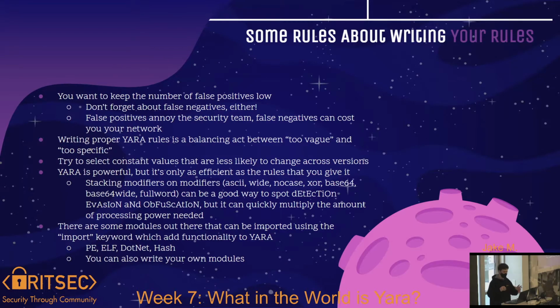What does that mean? We don't want every single thing to trigger this rule because we're only looking for netcat. We don't want curl to trigger this rule because curl isn't netcat. But we also don't want false negatives, so we don't want netcat to not show up as netcat, because netcat is netcat.